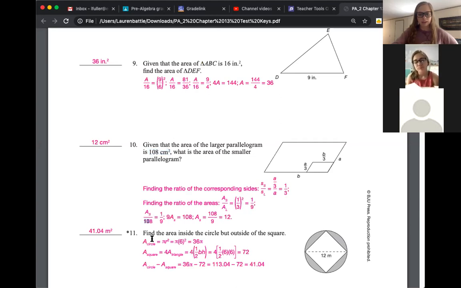I can plug that into my proportion, and this area of the smaller parallelogram is 12 square centimeters. You could have also found your corresponding side ratio by doing side B over 3 over the corresponding side of B, which would be this part up here as well too. And still, 1/3 would still be your ratio.